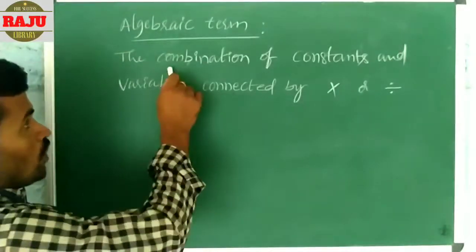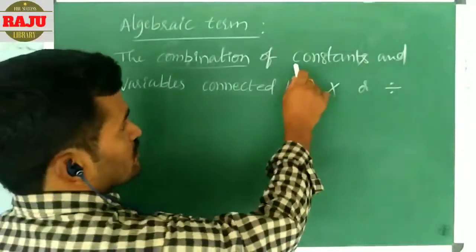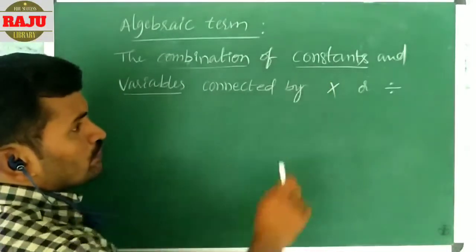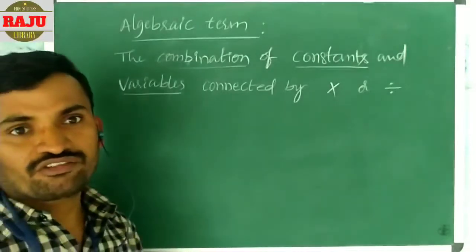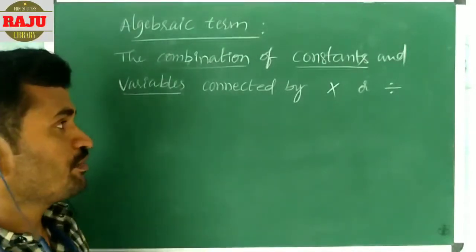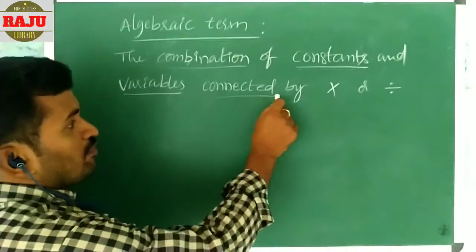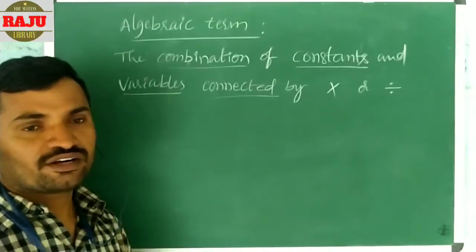See here, combination means mixing constants and variables. Just now I told what constants are. Constants means numbers. Variables, what are variables? Alphabets are also called variables. Connected by the symbols into and divided by.